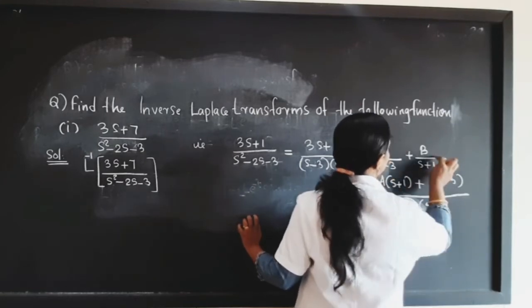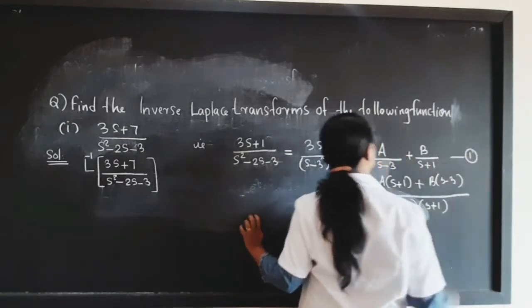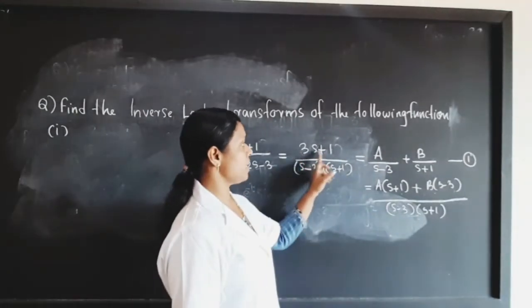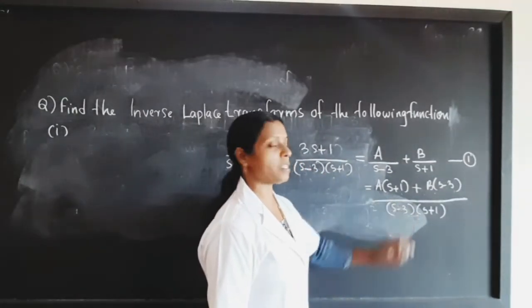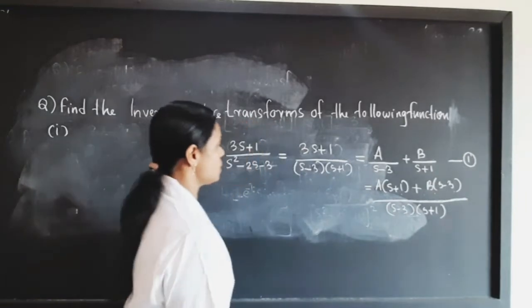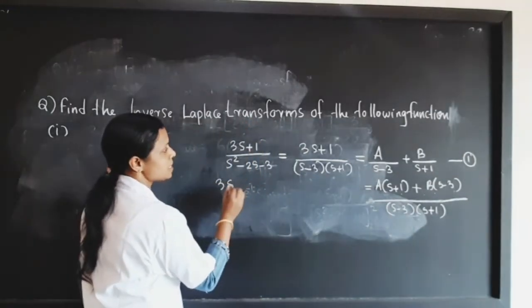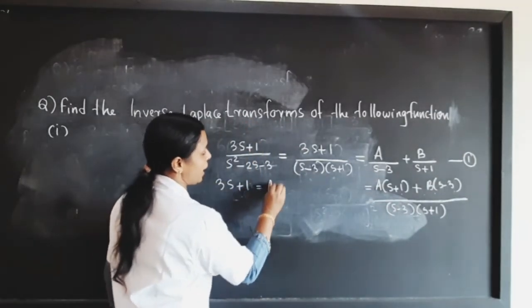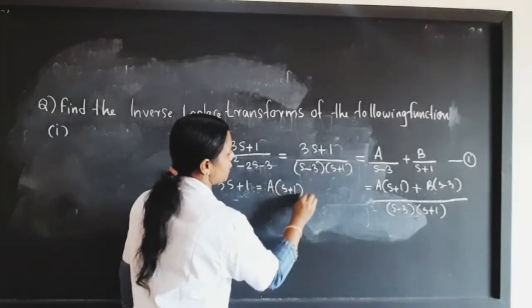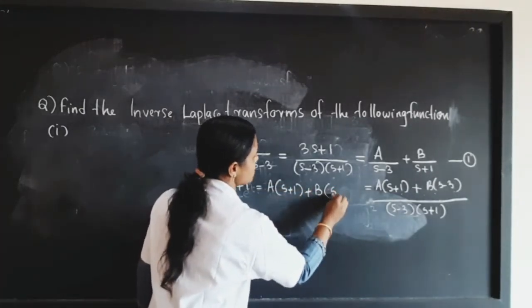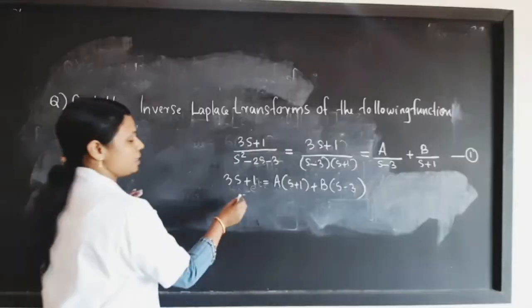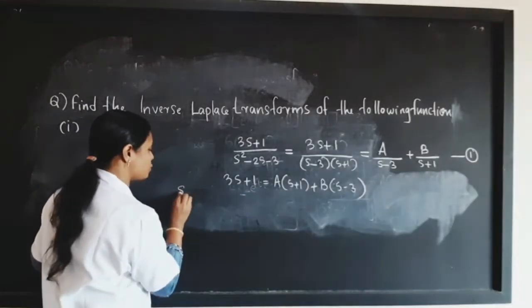Putting this as equation number 1. From this we write 3s plus 1 is equal to a into (s plus 1) plus b into (s minus 3).